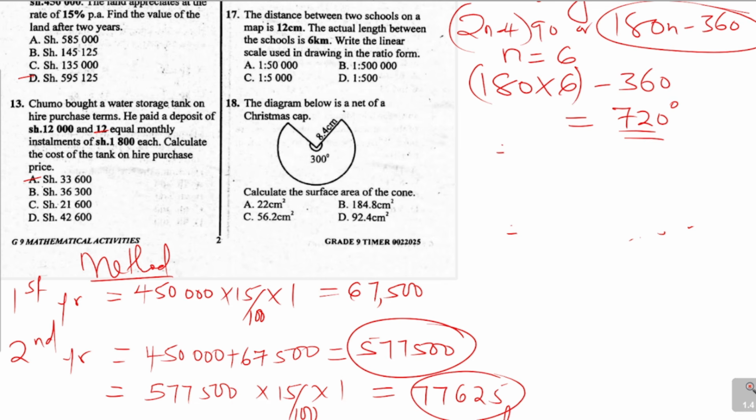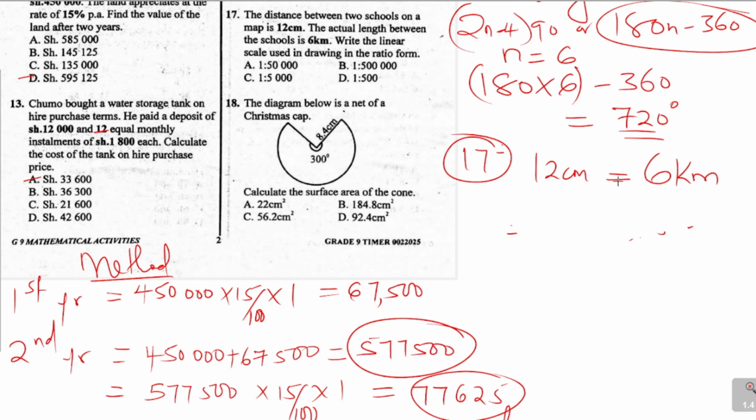The linear scale is always represented in centimeters. So for this particular question, you have 12 centimeters representing 6 kilometers. So 12 centimeters on the graph book represents 6 kilometers on the ground. So we need to convert to have uniform measurements.